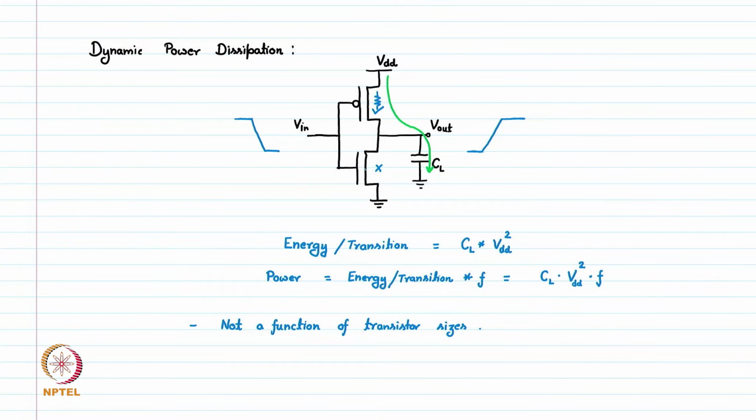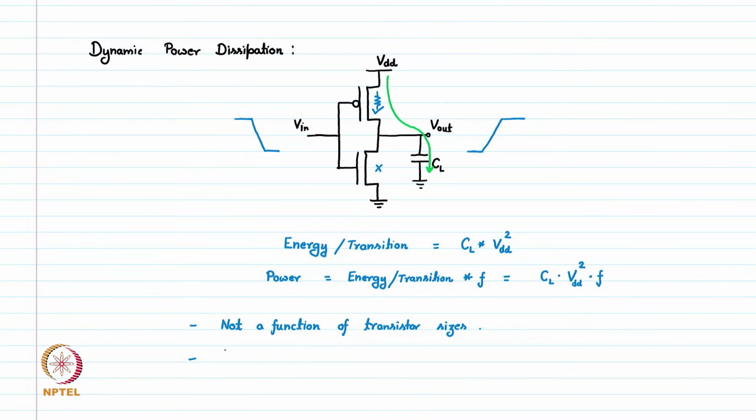However, it depends on the load capacitance, and this load capacitance is nothing but the sizes of the next stage inverter or any other circuit, whatever is connected to this. So this CL is nothing but the gate capacitance of the successive stage, which is again the capacitance of PMOS or NMOS gate. So this is not a function of this PMOS and NMOS, but a function of whatever is the successive stage of this inverter.